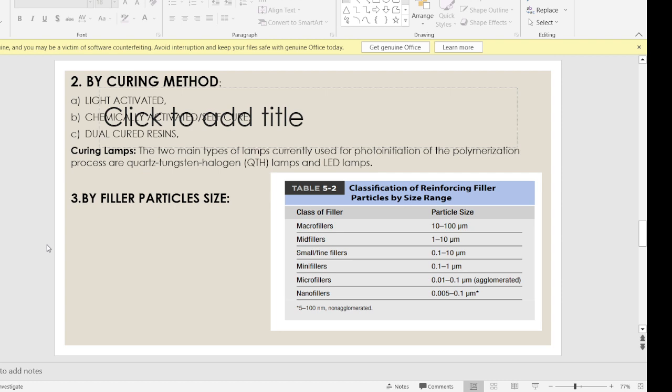And another classification is based on the filler size. The same as with the composite particle sizes, the fillers are also classified into macrofiller, midfiller, small, fine, minifiller, microfiller, and the nanofiller, which range from 10 to 100 micron to 0.005 to 0.1 micron.